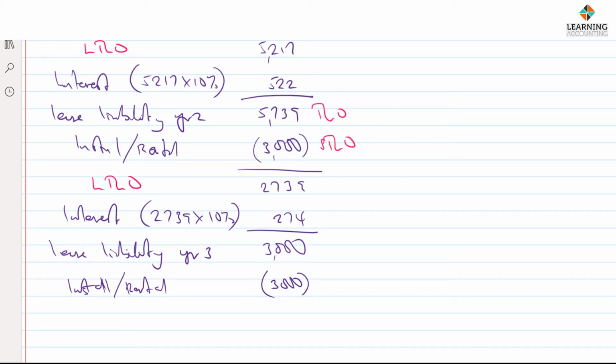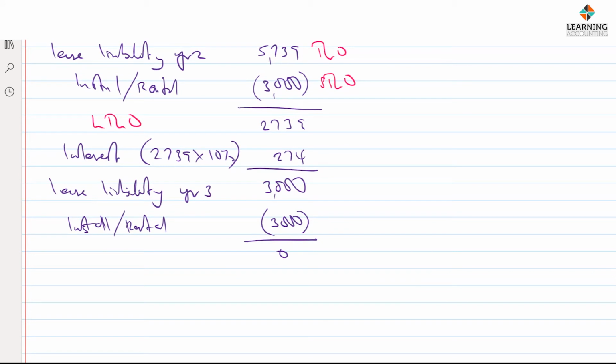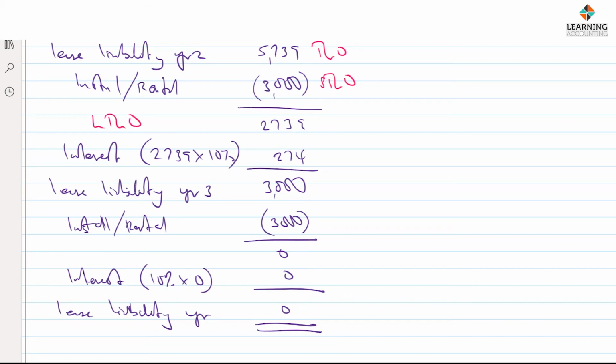So at year 4 there will be no interest, because this becomes 0 at year 4, and your interest, if we were to calculate interest, would have been 10% of 0, which is still 0. Therefore, our lease liability at the end of year 4 will also be 0 at that particular date.